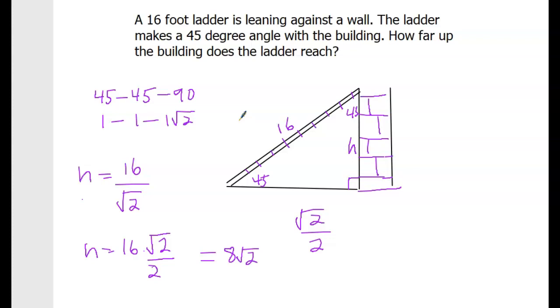If we do that, we are getting about 11.3 feet over here, because there was a unit. And that's how you are able to apply this. You could have applied the sine to do that, but here we are just concentrating on the special triangle, which is 45, 45, 90.